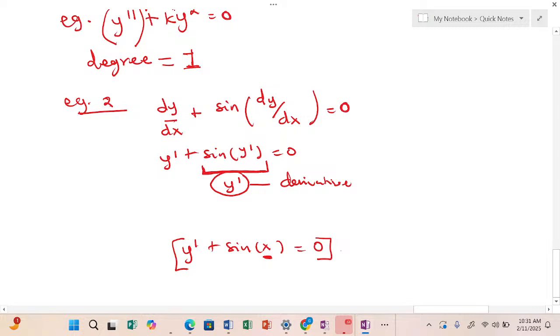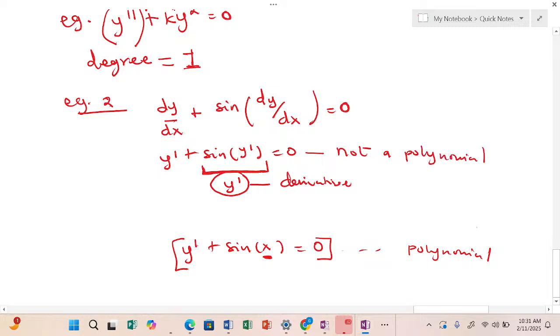Therefore, it is still a polynomial. But in this case, since we have the argument being the derivative of the dependent variable, this one is not a polynomial.